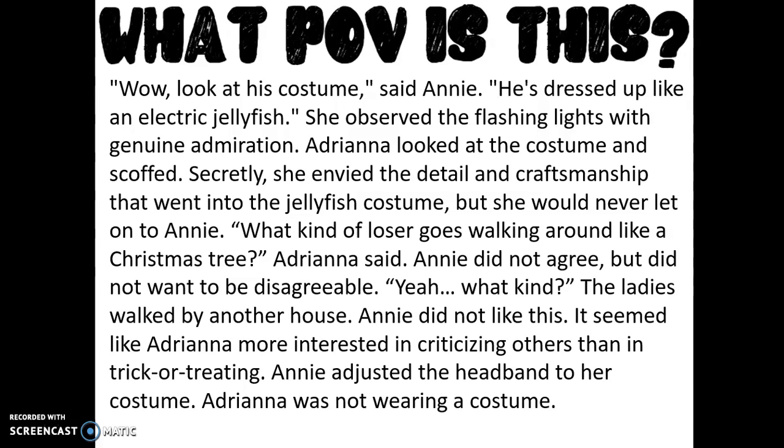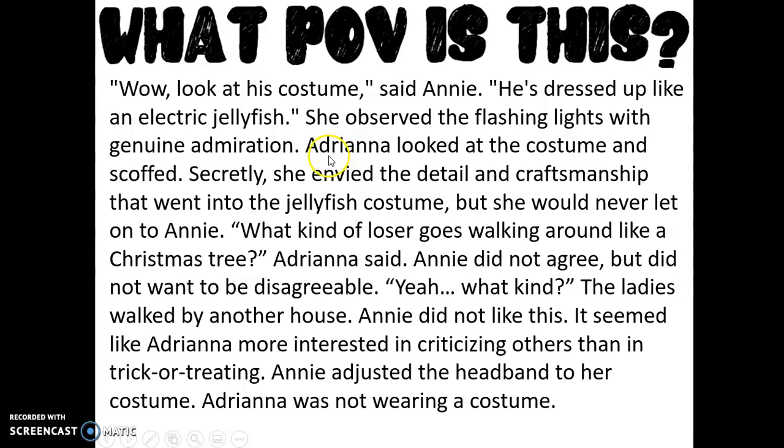So if we think about this passage, the first character we have is Annie. She observed the lights with admiration. So we know what she's doing, and we also know how she feels, what she's thinking. Admiration is that thought. So this would tell us that it's third person. We have another character here, Adriana.